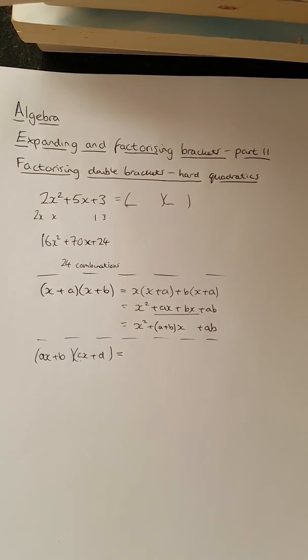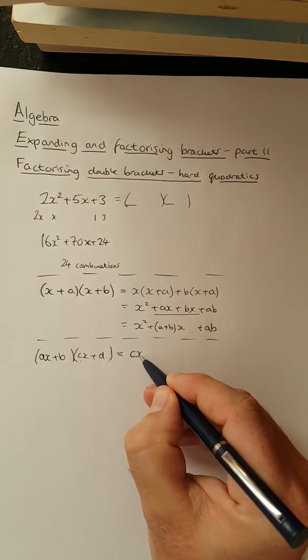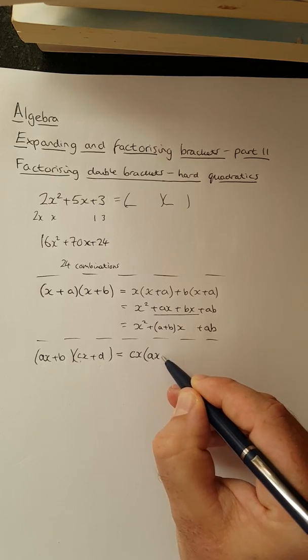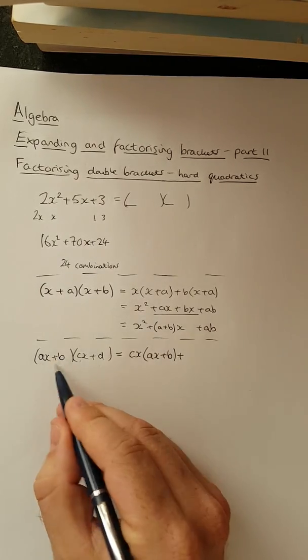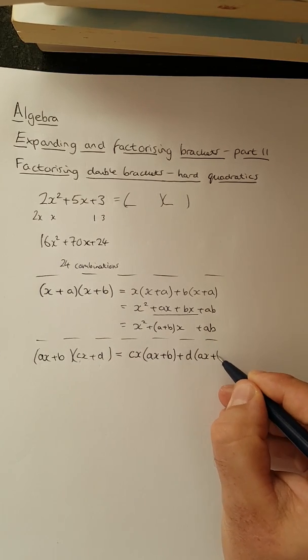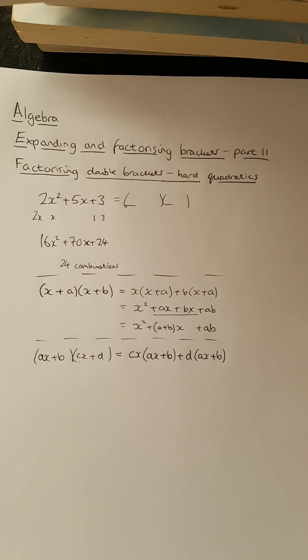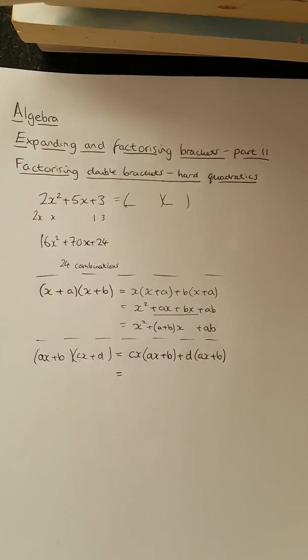If you want to have a go at expanding it yourself, pause the video now and try. And a reminder to always pause and try yourself if you wish. So, the whole first bracket times cx. And the whole first bracket times d. Okay.